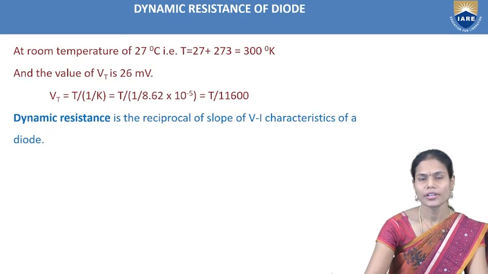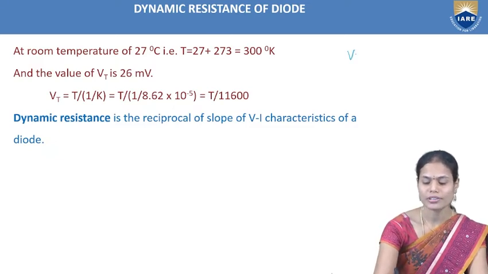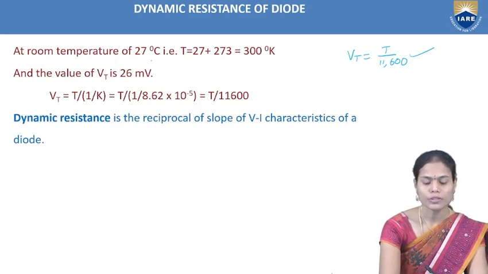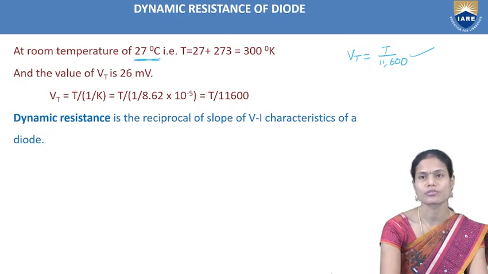And here we need to calculate the Vt value. To calculate the Vt value, we have the relation Vt equal to T by 11,600. How we got this particular relation: generally, room temperature we take as 27 degrees Celsius, and 273 is the standard temperature here.